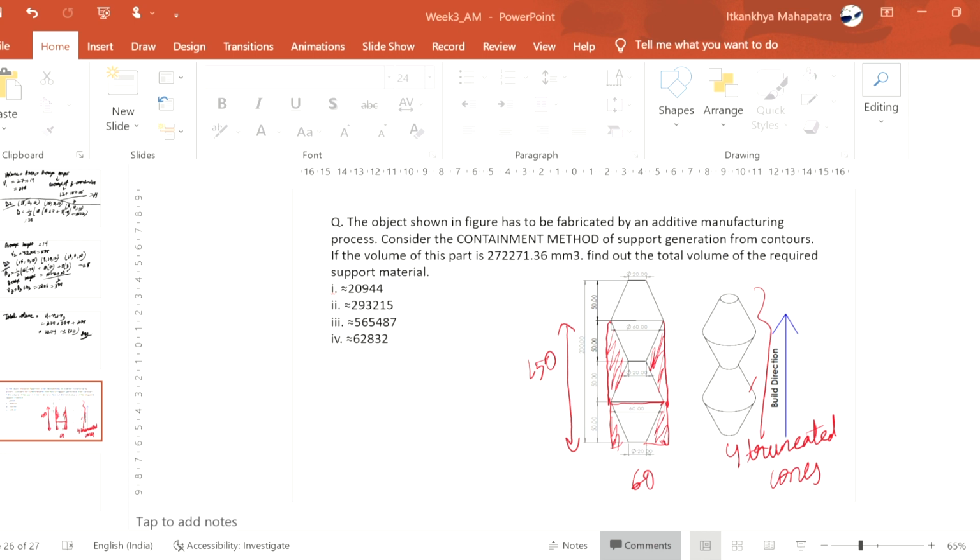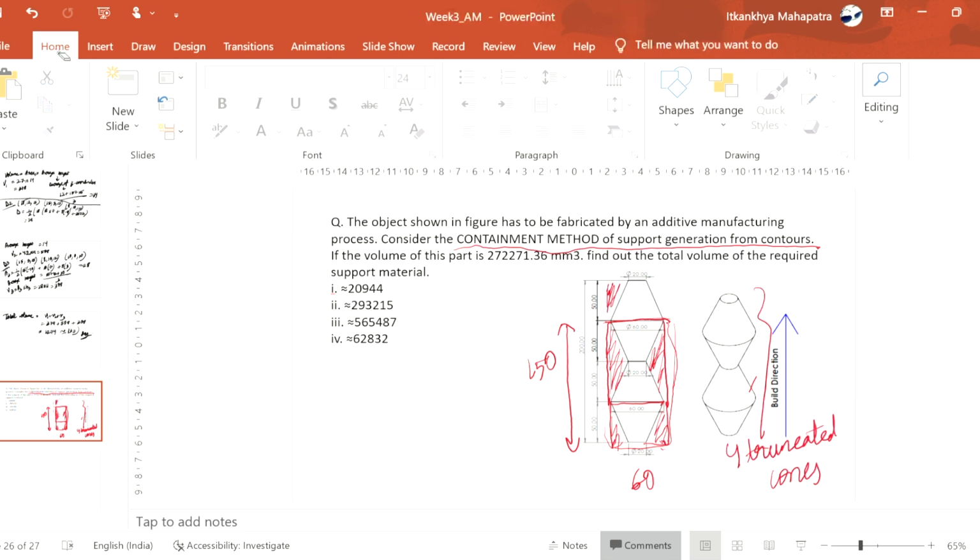Okay. Now when we consider this entire thing, this will be your support plus object. Now this is saying that we need to consider the containment method of support generation from contours. That means what is the total support for the entire thing. Now why are we not considering this area?